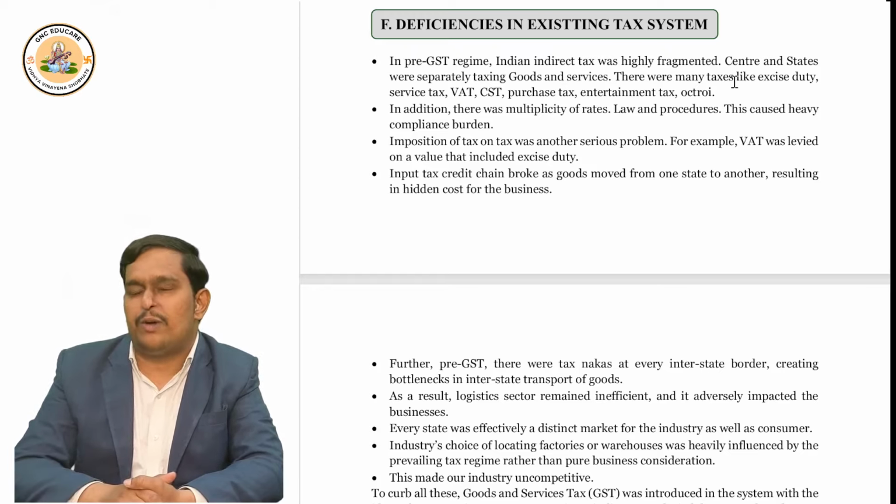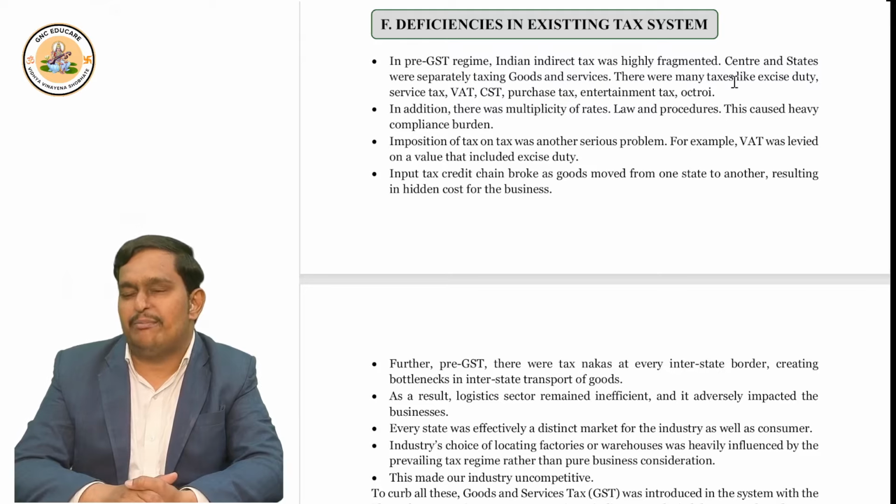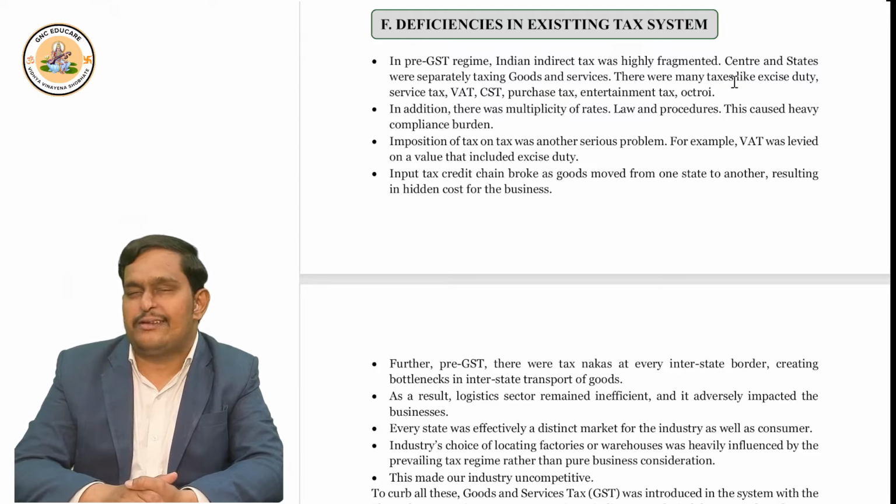Now I'll tell you one more problem. I have to tell with numbers. Don't get confused. It is very simple. Suppose 100 rupees is the manufacturing cost of a product. On that, 10% is the excise duty. So how much did it become? 100 plus 10%, 110 rupees.